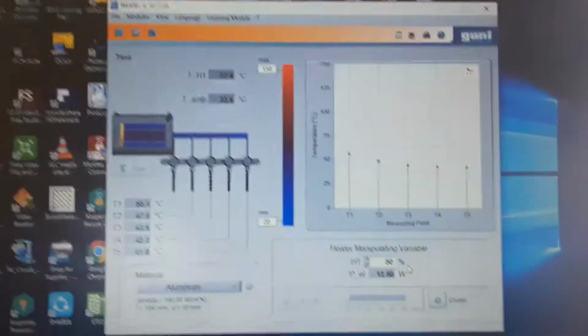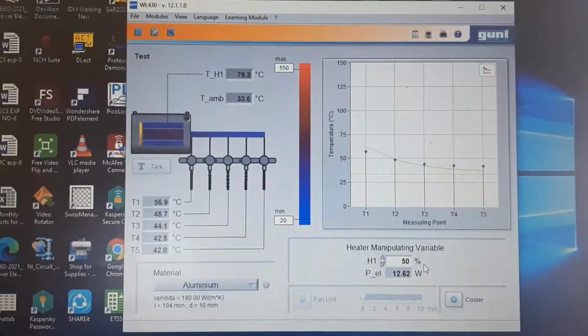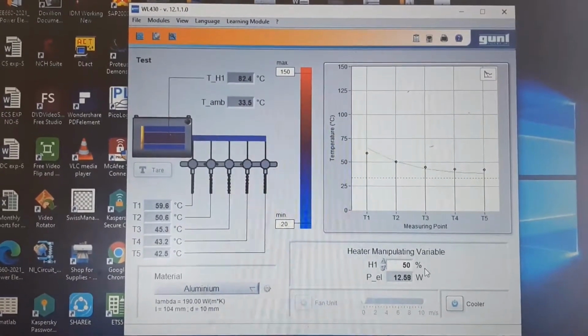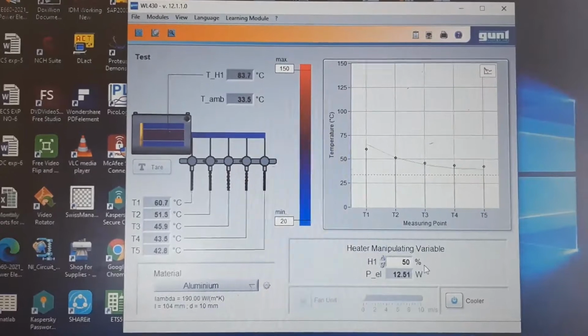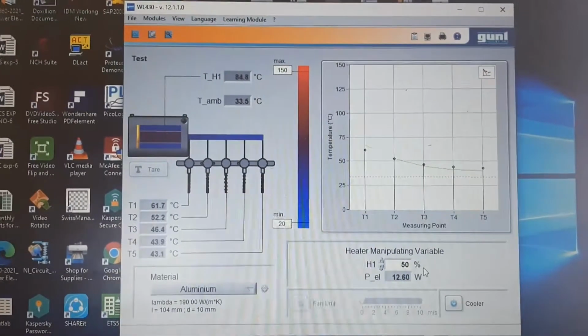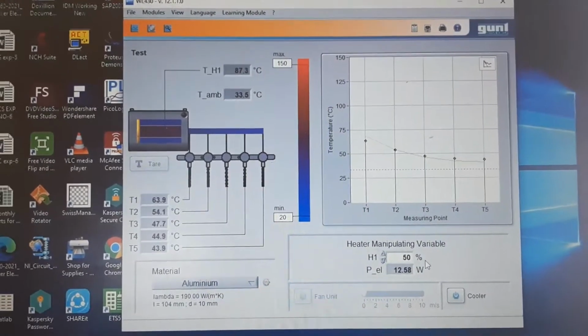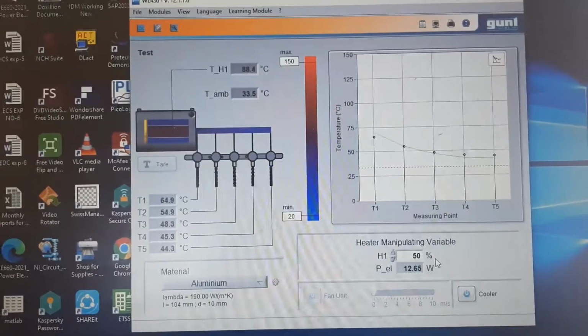But you can see this graph is different from copper. Because the conductivity of copper is high, the temperature difference between the two points is low compared to this aluminium. So this graph will be very curved.